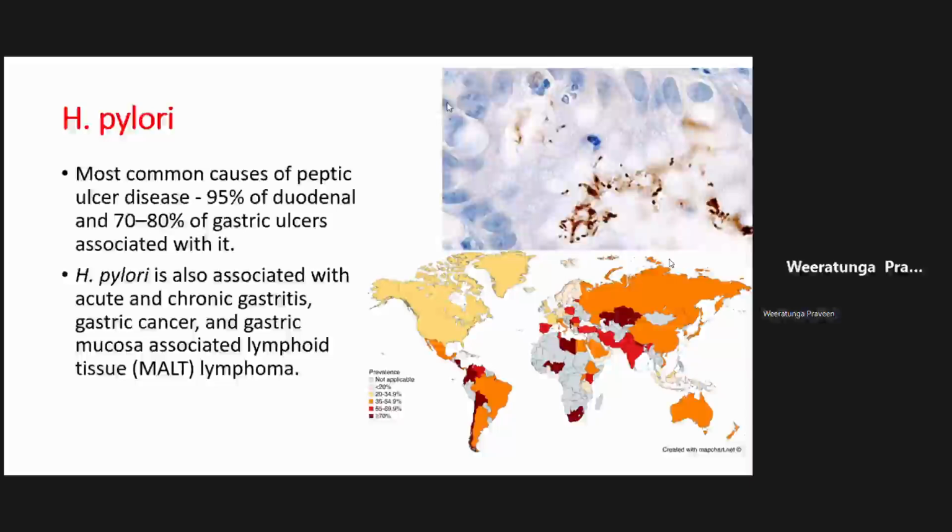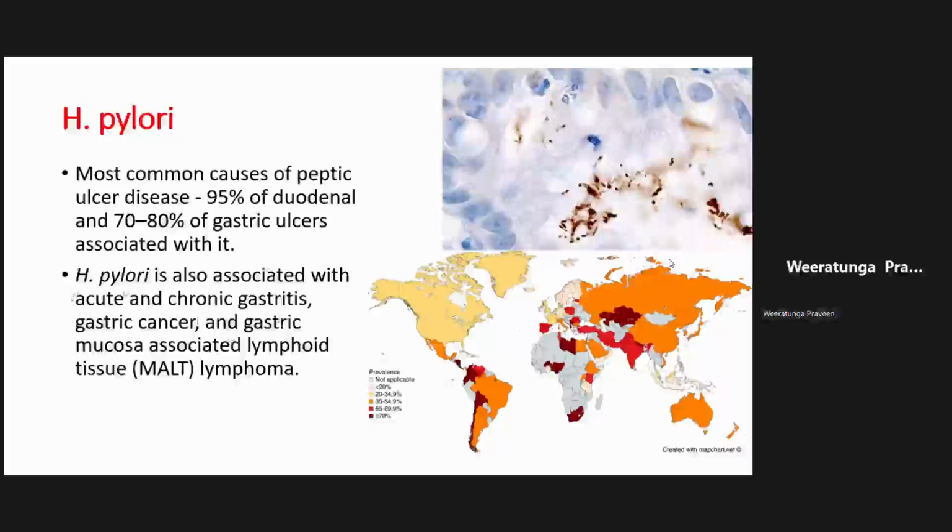So that's why it's traditionally associated with overcrowding and poor socioeconomic status, and this map shows evidence of that. Of course, you do see it in other parts of the world like Australia and the UK also. But traditionally, one of the major risk factors for Helicobacter pylori was noted to be poor socioeconomic status.